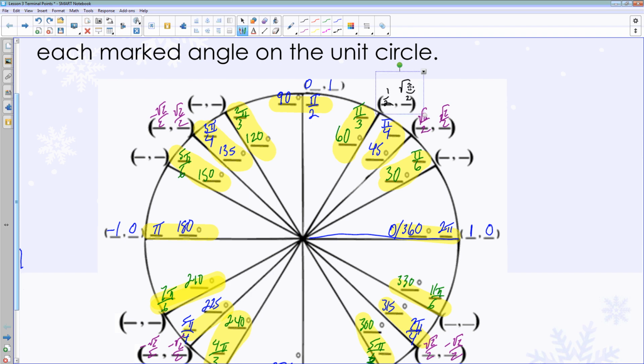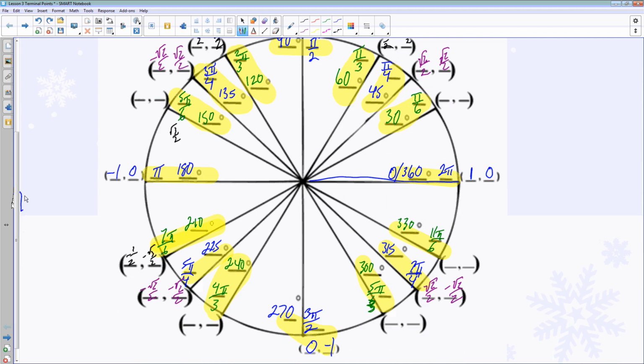In the second quadrant, we go to the left first and then up, so it's negative 1/2, and then root 3 over 2. In my third quadrant, both coordinates are negative. My square root of 3 over 2 moved. And then in my fourth quadrant, my x is positive, but my y is negative.